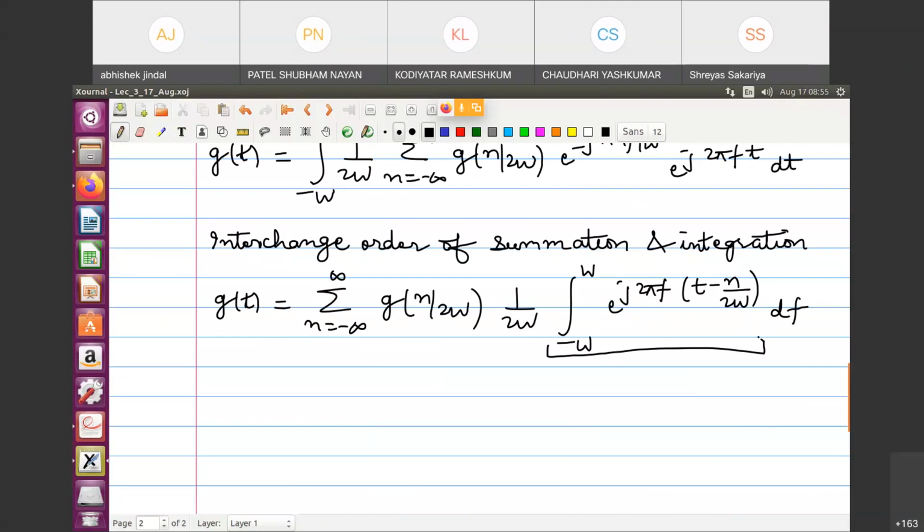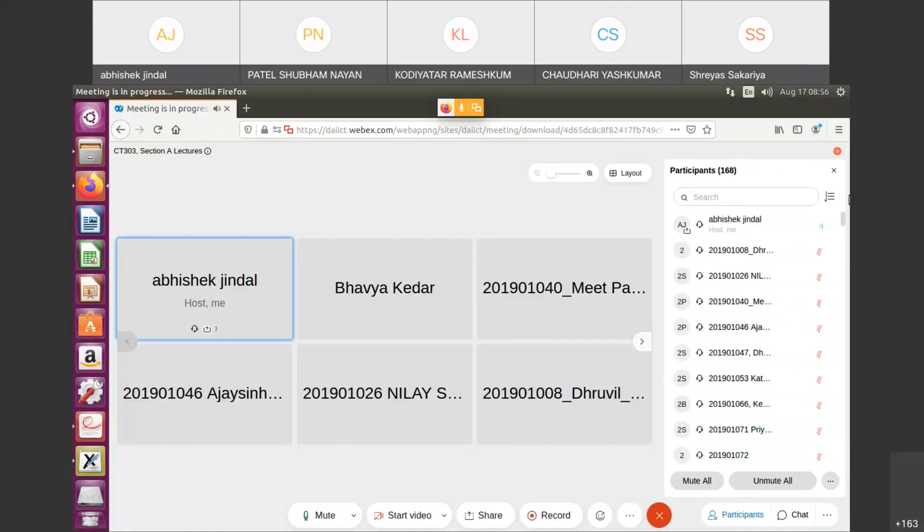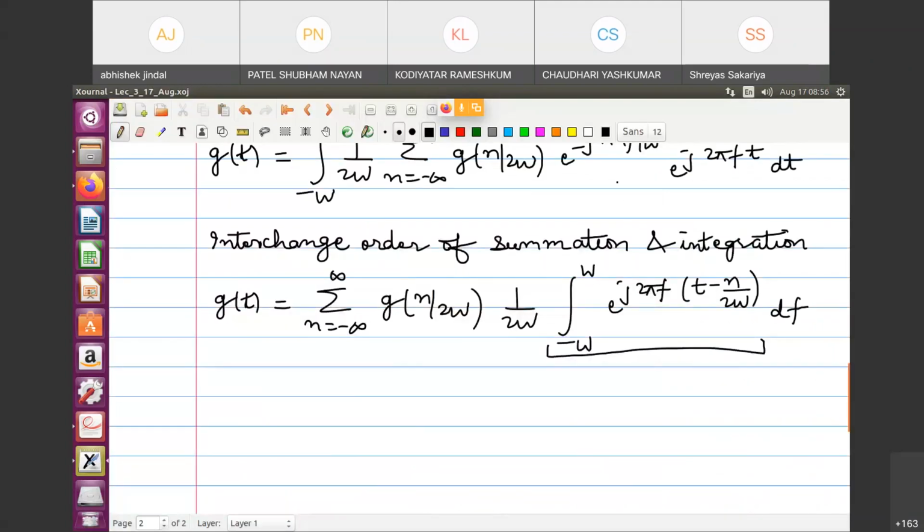So all of you, or at least those of you who have a pen and paper around you, please try doing this. Very simple, the result is there. We have 168 attendees today, so at least 40% must be sitting with pen and paper. This is my assumption.